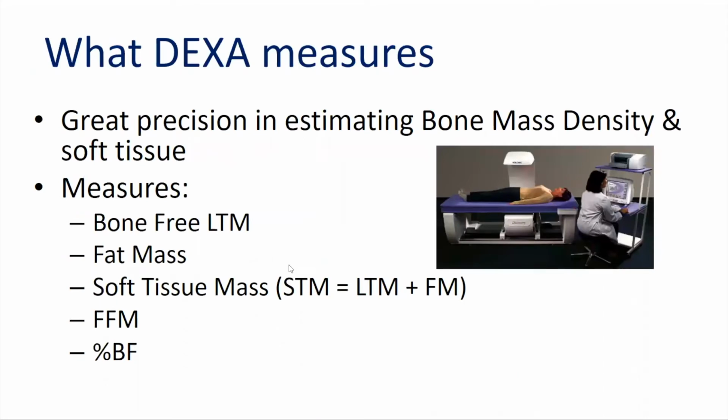So it has really good precision in estimating bone mass density and soft tissue. Primarily in the field, DEXA is used to measure bone mass density, particularly in individuals with high risk of osteoporosis who are osteopenic. So the DEXA measures bone-free lean tissue mass, fat mass, soft tissue mass, fat-free mass, and percentage of body fat.